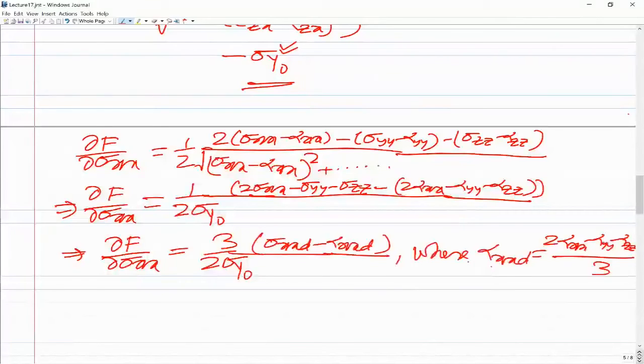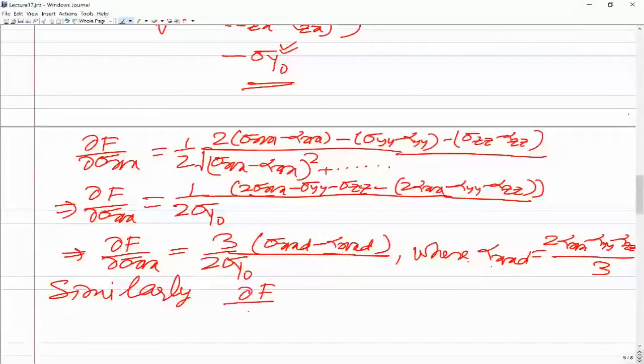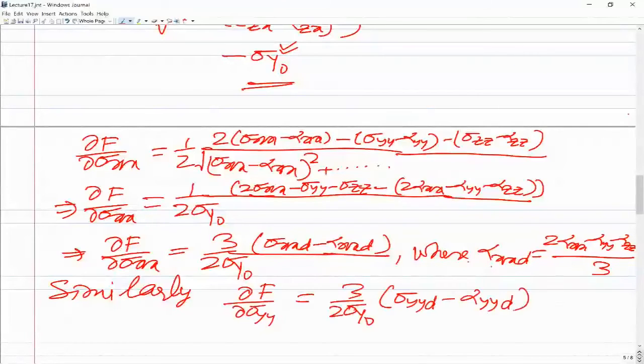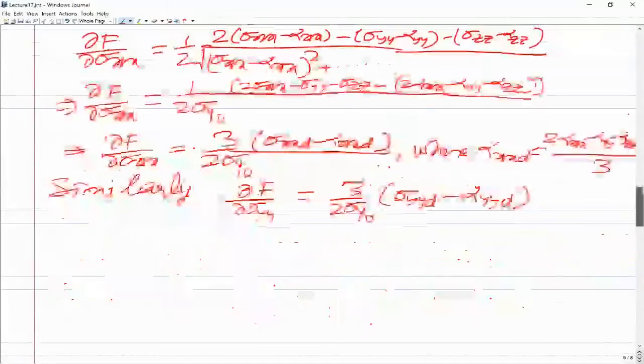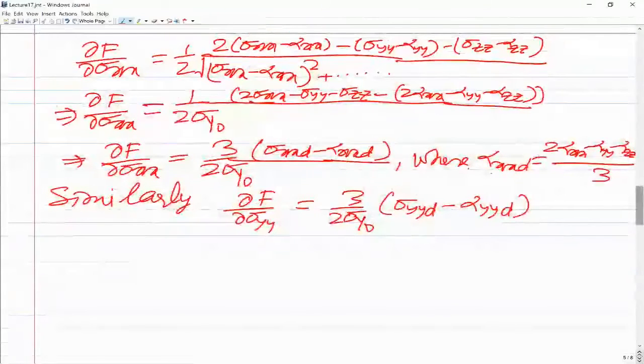Similarly, del f by del sigma yy would be 3 upon 2 sigma y naught into sigma yyd minus alpha yyd, the deviatoric components of stress and of back stress.